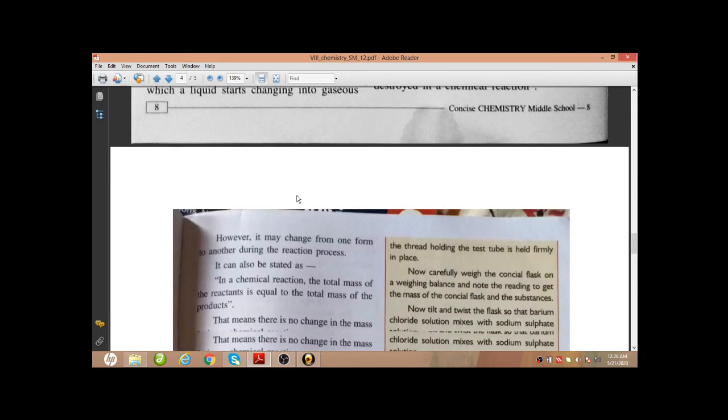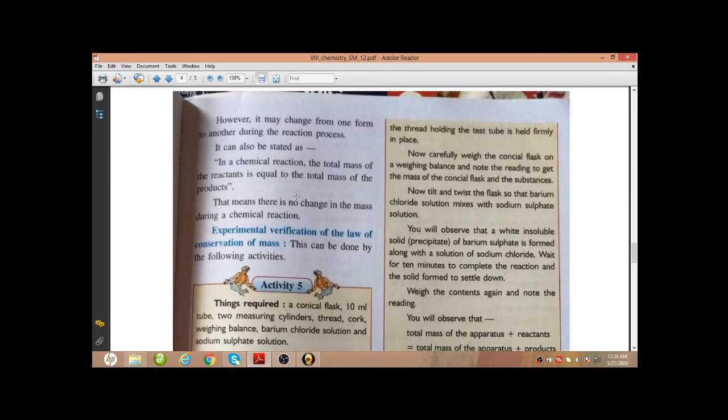That means during a chemical reaction, the total mass of the reactants is equal to the total mass of the products. There is no change in the mass during a chemical reaction.